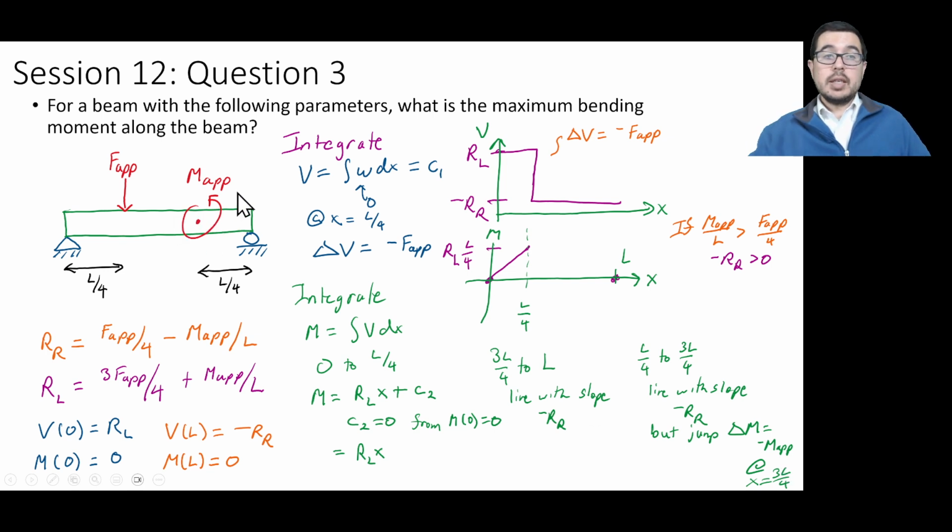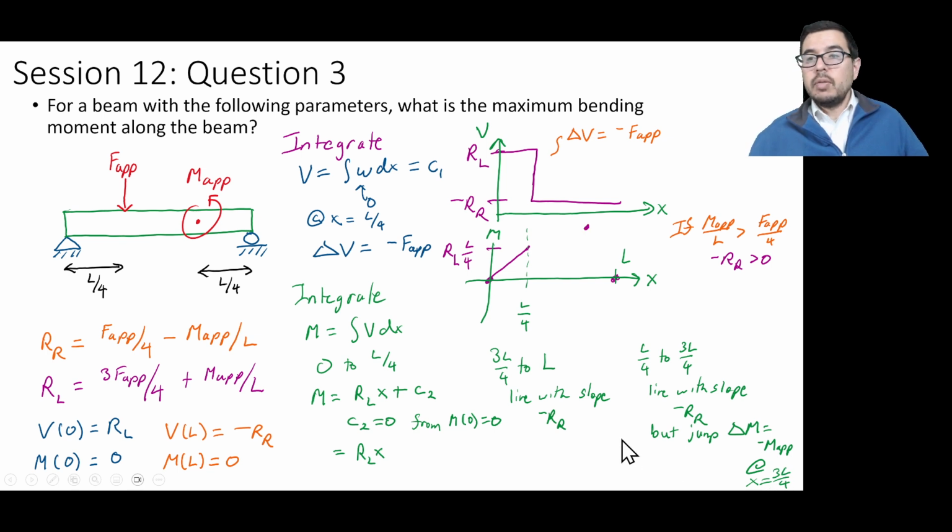Because this one's actually coming out of the board, which is positive, but the way that we derived this jump in moment was for a coupled moment that was applied going into the board. So when we get to 3L over 4, we're going to have a minus M app.